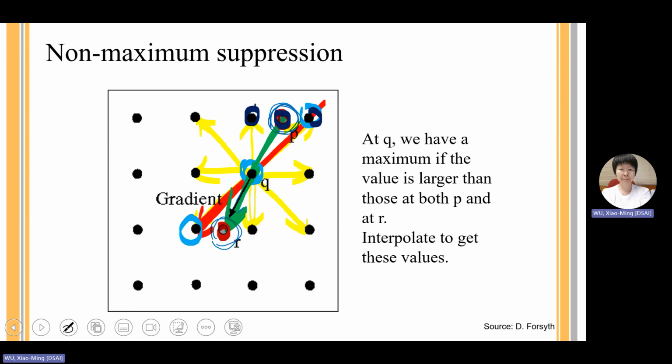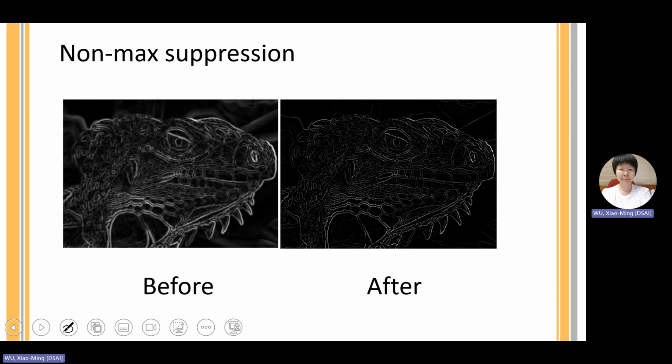The gradient of this pixel can be obtained by, for example, the average or combination of its neighboring pixels. Once we have the gradients of the two pixels, we can do non-maximum suppression by comparing the gradient magnitudes of the three pixels. So that's non-maximum suppression.